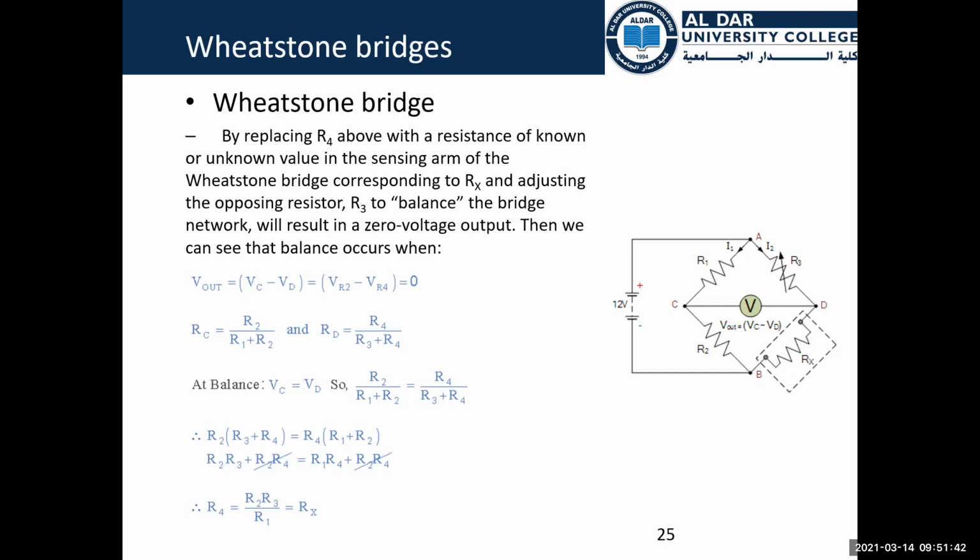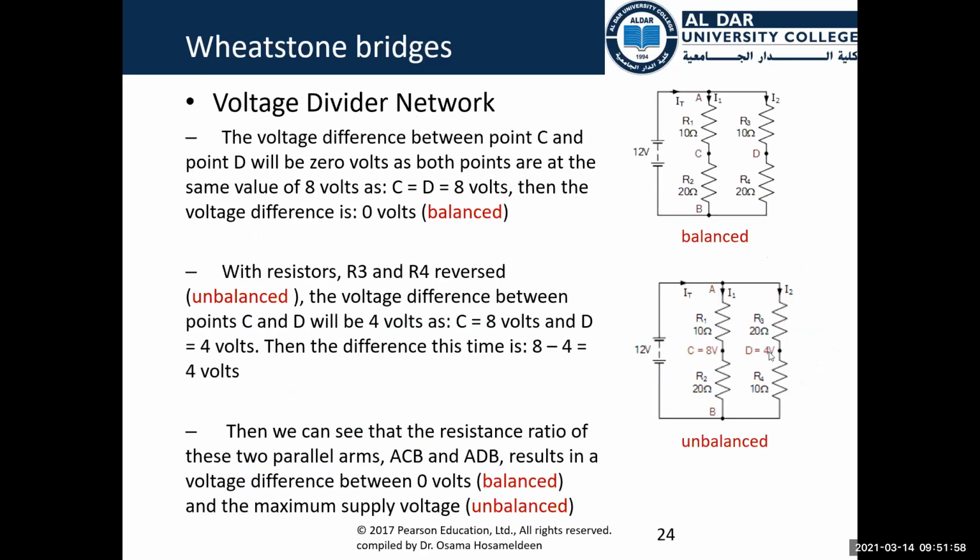You're talking about how to sense physical value, how to sense it, but how to use this bridge in sensing. I know that I can control the difference between these two terminals, because I have two types. We have the balanced one and the unbalanced one.